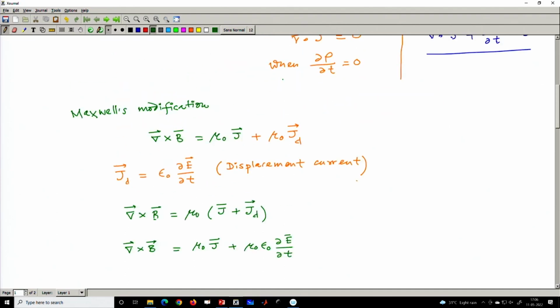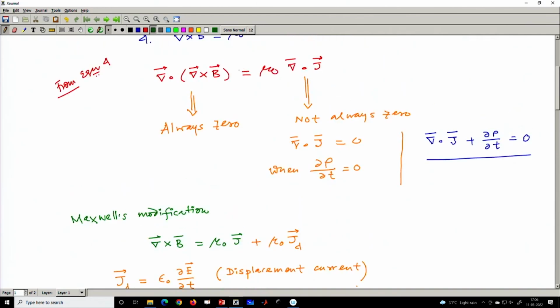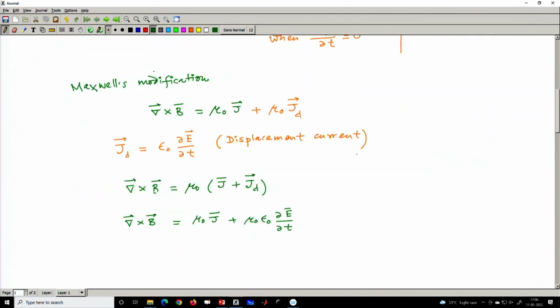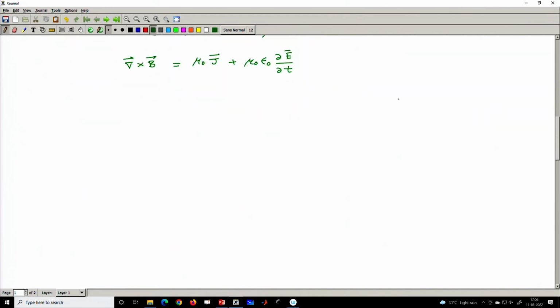Now let us go back and check whether the divergence of both sides of the equation is satisfied or not.